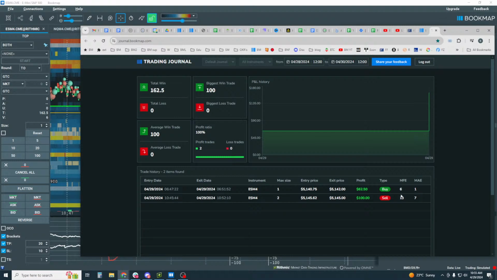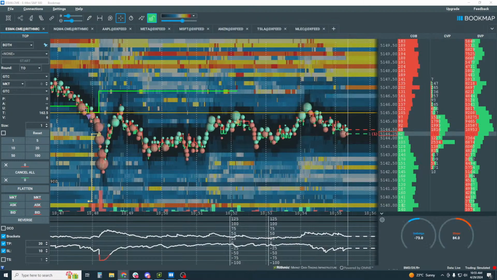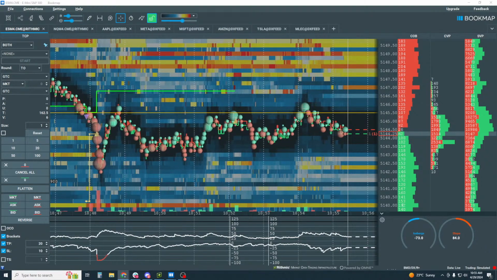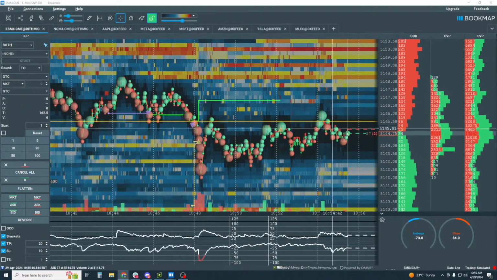That was a quick scalp. Our second one, it went against us 7, but it went for us 13. Okay, not bad. 2-to-1 ratio in here, basically. We're pretty close to it. All right, so how are we performing so far? Well, we're doing all right. We're just trying to be objective about it, right, by using some of these tools in here.